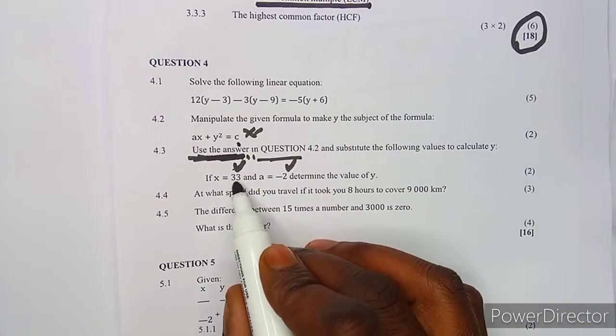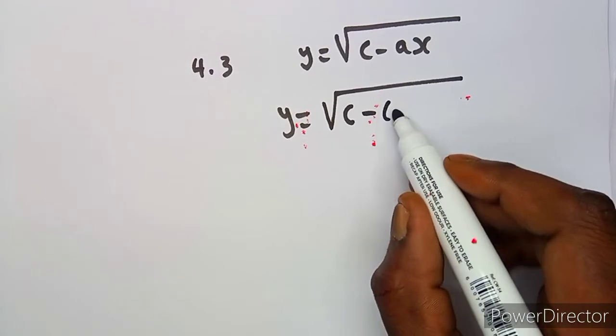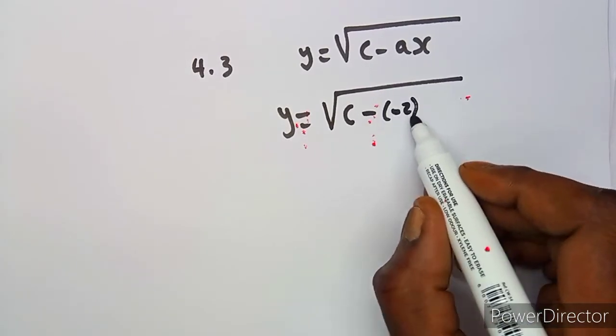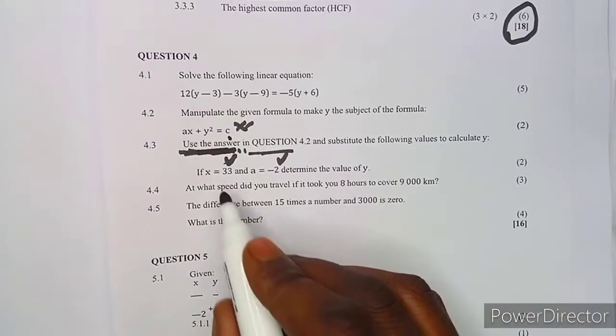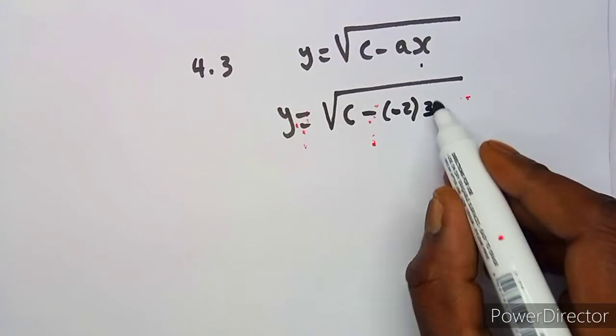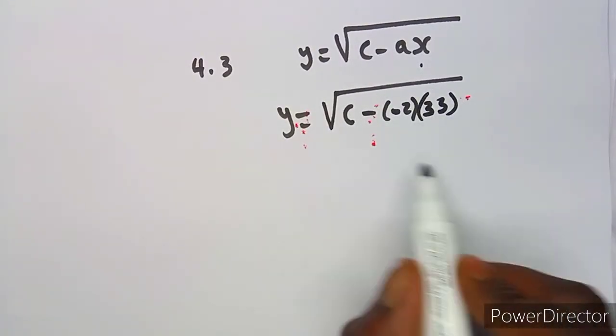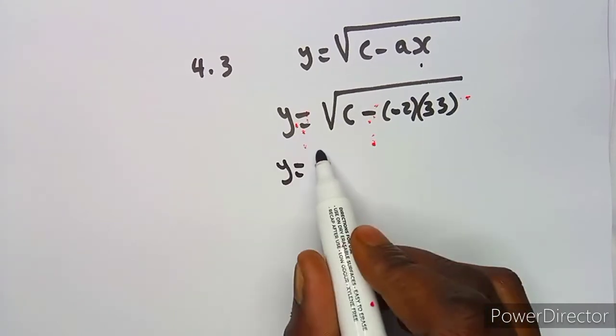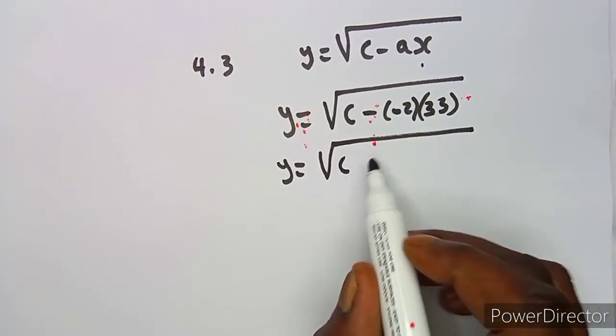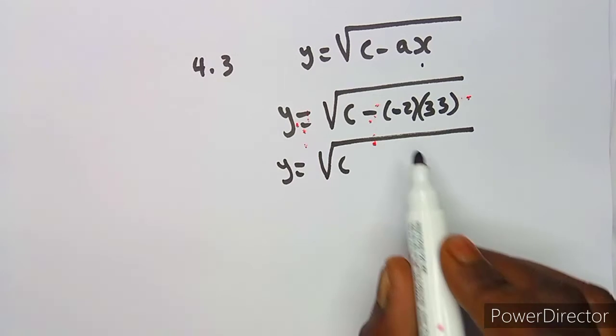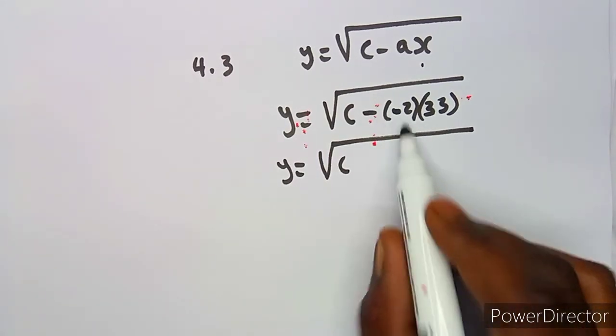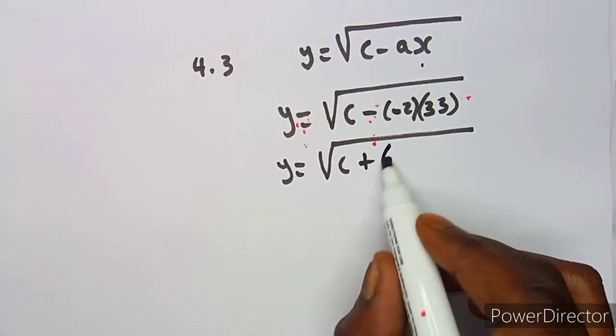Our a is minus 2, our x is 33, so it's minus a, which is minus 2, times x, and our x is 33. So that is what you're going to do in this case. I don't know, is it the value of c that is missing in this question, or when I printed this out, I don't know, but it's going to be a positive 66 like this.